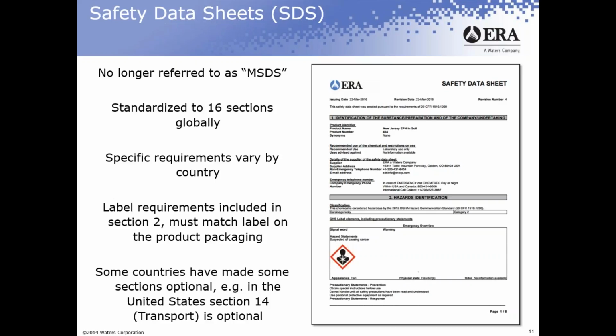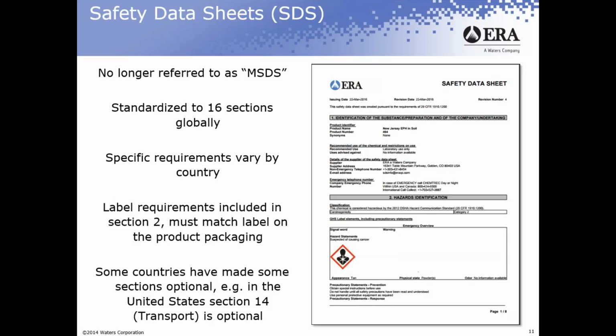And then some countries have made some sections optional. Here's another country variation, like in the United States, Section 14 is optional. What ERA does, and so does Waters, because we use the same system, is we fill that out always. And we give our customers a complete 16-section safety data sheet for all the countries in the world.